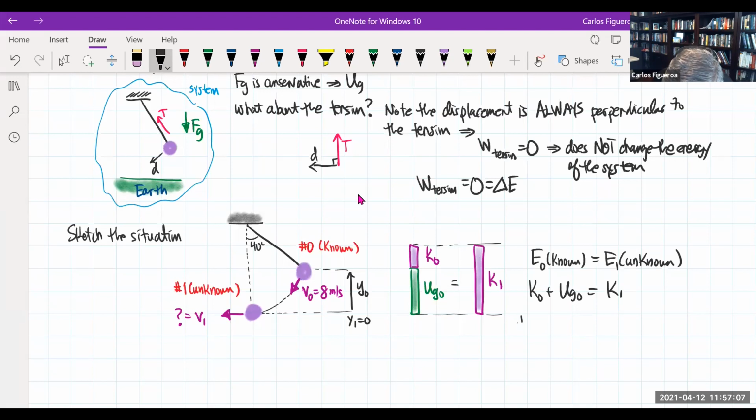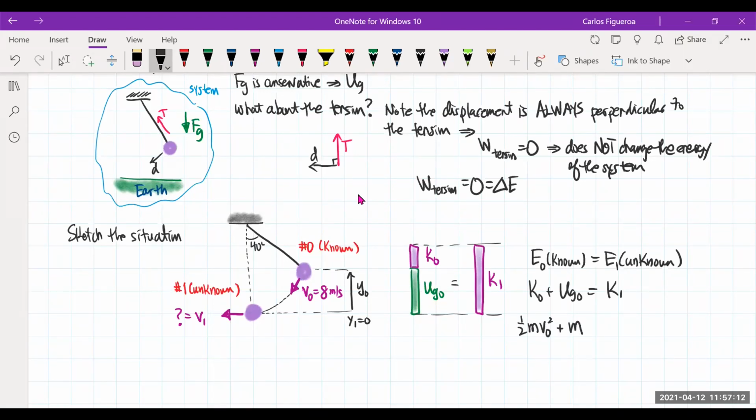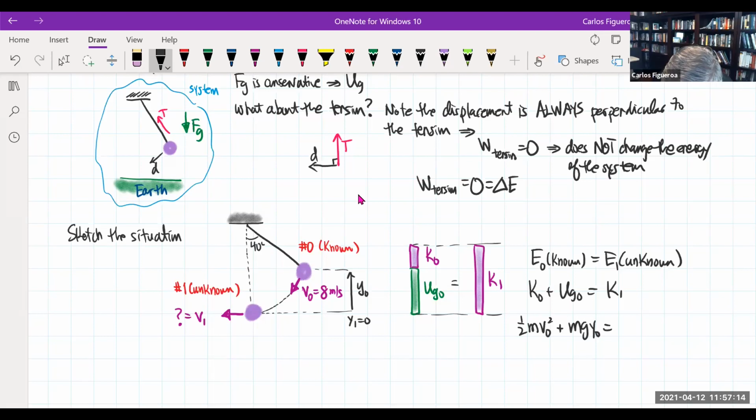So if I write everything out, I'm going to get 1/2 m v initial squared plus mg y naught equals 1/2 m v1 squared. So this is what we're solving for. We want to solve that. We know this because they tell us that that's 8. And so this guy we have to calculate.